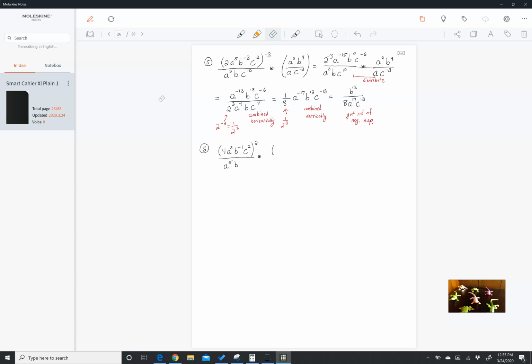Over 2, a to the 5th, b cubed, c to the negative 5. We'll raise this to the negative 2 over b cubed, c squared. And we'll add in another one here. So again, this is the hardest that it's ever going to get.